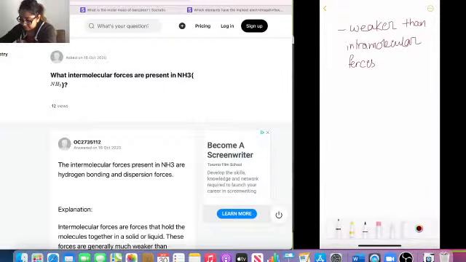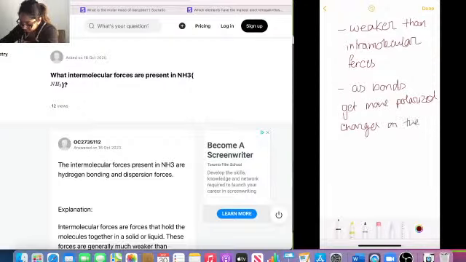Okay, so you can relate this to polarity, and so you can say as bonds get more polarized, charges on the atom get greater, so therefore you have greater intermolecular forces.